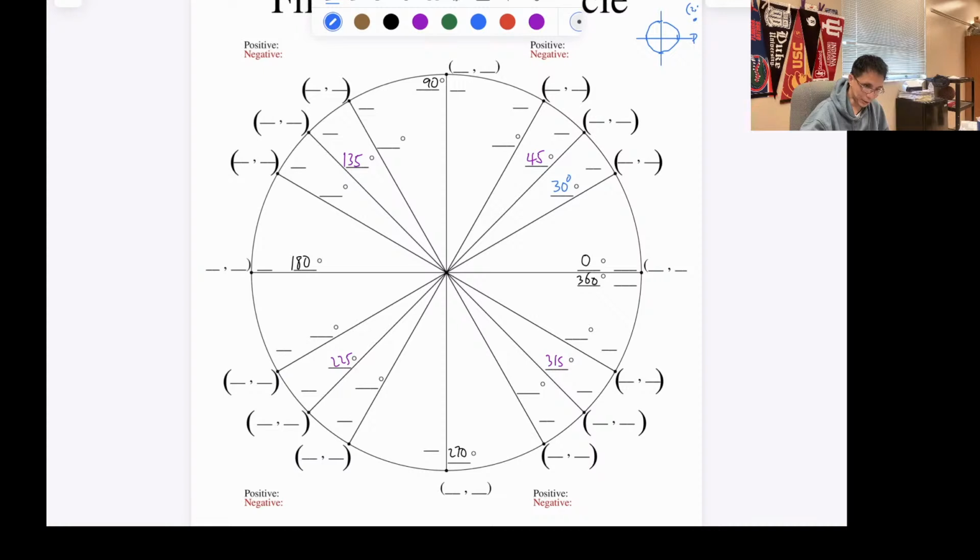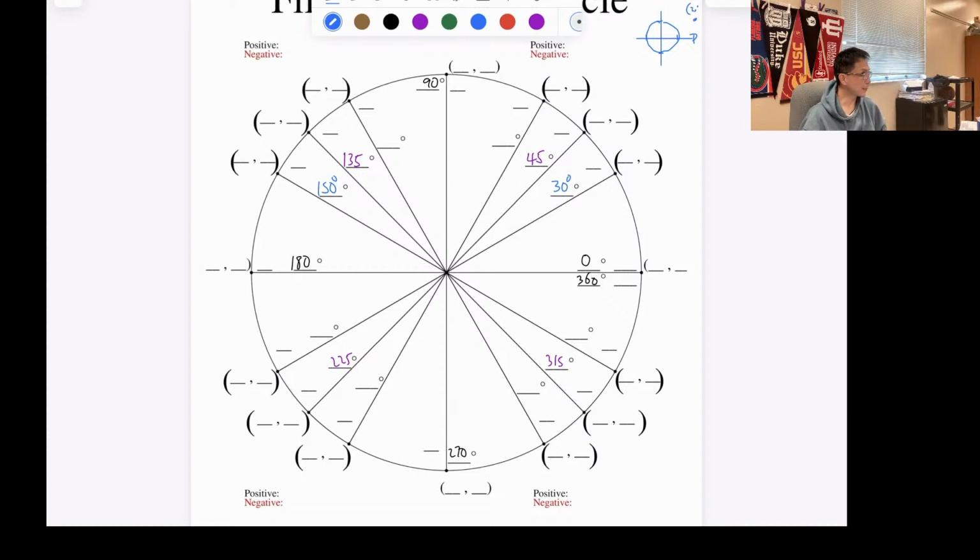I'm gonna say 30 degrees here. Now, what is the reference angle of 30 degrees but on the second quadrant? This opening right here is 30 degrees, right? How about this? This is 30 degrees. So what is this? 150. That's it. 30 and 150 have the same reference angle.